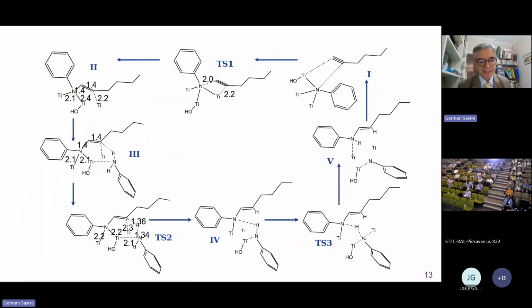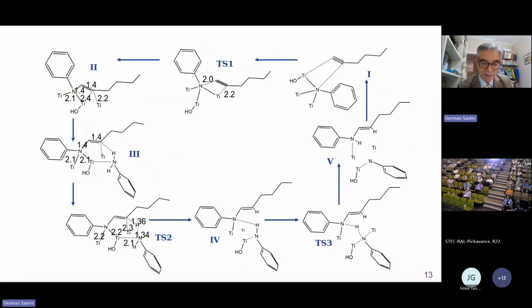And there is also the importance of the fact that in MXenes, titanium atoms are relatively close, so the second titanium atom, as we see in transition state 2 and in the subsequent intermediate 4, takes part in the reaction and stabilizes either of the molecules.